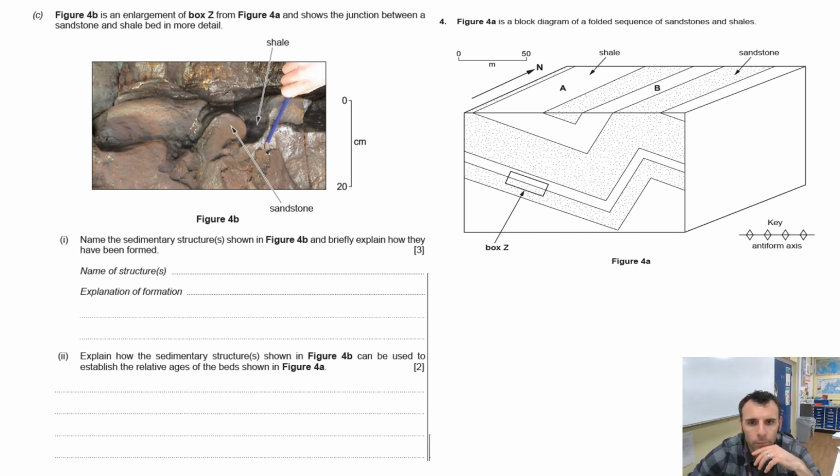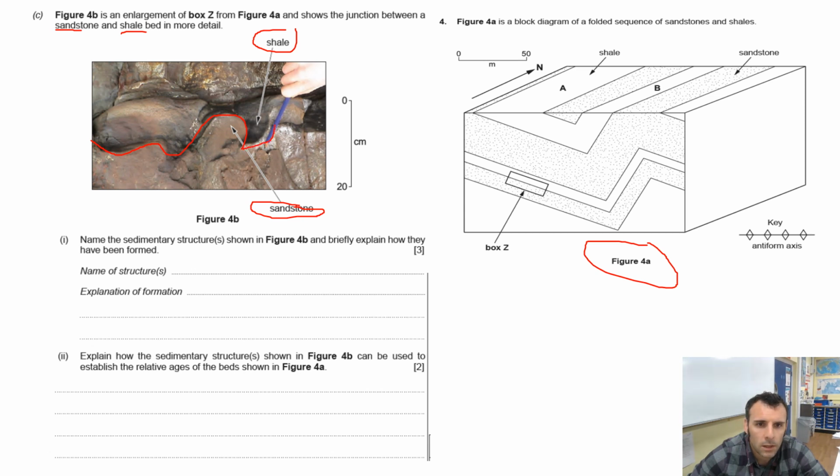Okay, final fold related question, just very quickly. I'll give you a tiny little bit of help with this one. You can clearly see this is related to figure 4a that we've just been looking at. The sandstone and shale bed are key. So we've got this shale and sandstone on the image here, and you can clearly see there's this sort of undulating surface.